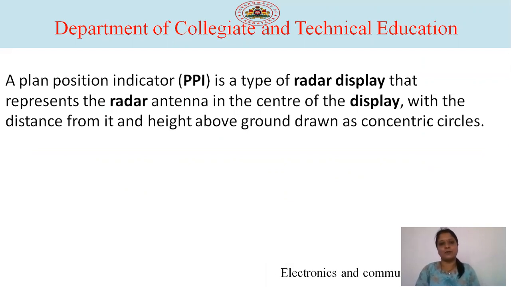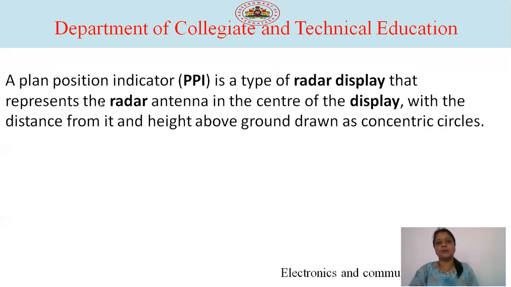That is, whenever the input is applied, the electron beam is deflecting. But in case of the PPI display, it is intensity modulation. Therefore, whenever the signal is applied, the intensity of the electron beam will change. Therefore, we can observe bright spots on the screen when we receive the target echo signal.